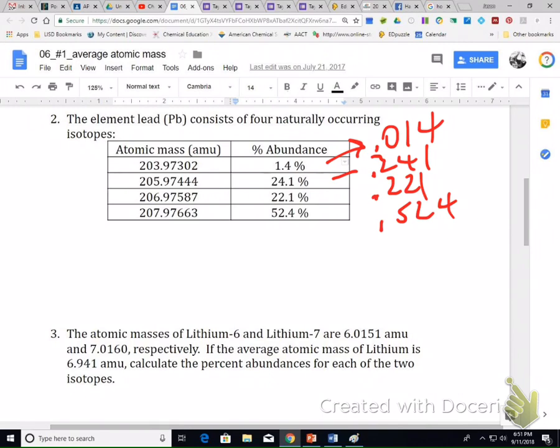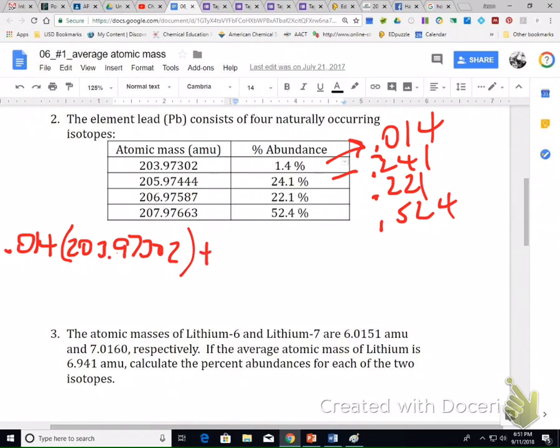Now, as far as finding the weighted average here for lead, we have 4 atomic masses, 4 abundances, so let's plug into our little equation. So 0.014 times the 203.97302, good grief, what a number.